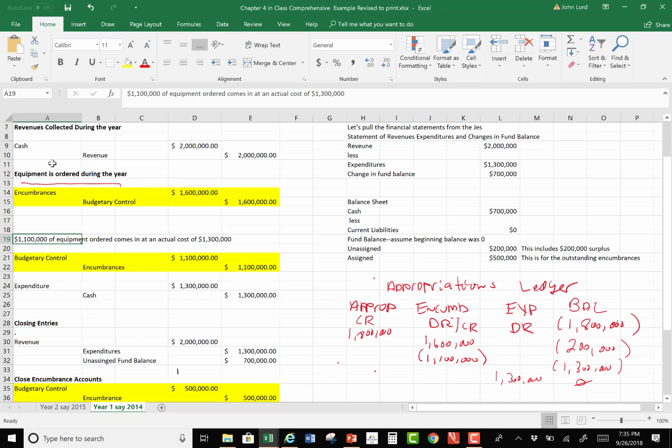Now it's showing me 0 because what? I've spent 1.3 million of the appropriation in the expenditure, and I still have what? Another 300,000 of stuff that's sitting out there that hasn't come in yet. Okay, so I am now done with my transactions for the year, so I'm going to do my closing entries.